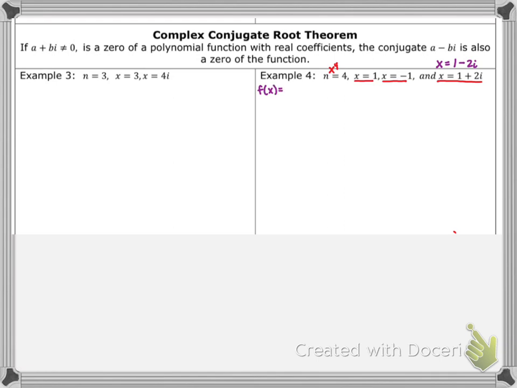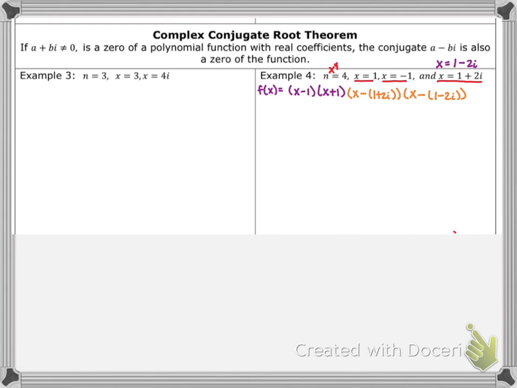So I have f of x equals x minus 1, x plus 1, and then I have my 2 complex, x minus 1 plus 2i, and then x minus 1 minus 2i. We want to make sure we're careful with our negatives in parentheses.